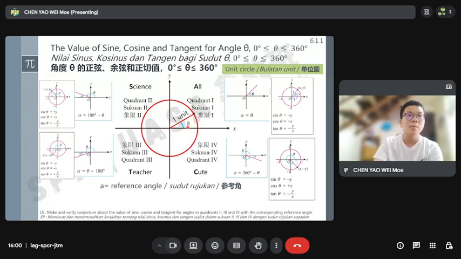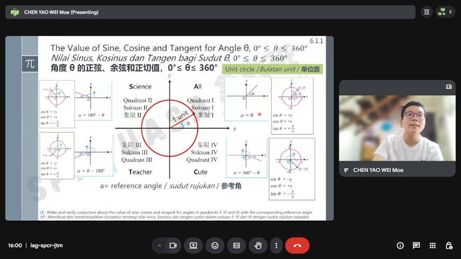Now we need to introduce a new thing called the reference angle. Reference angle means you can use this angle to find angle theta or other things. If the angle is here, the reference angle is the same as angle theta.